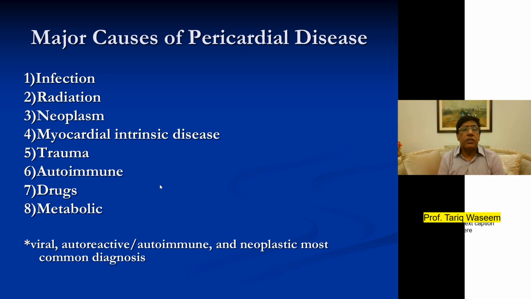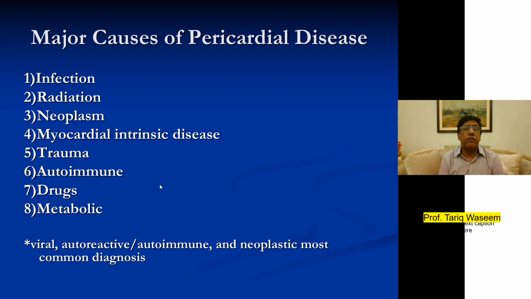Myocardial intrinsic diseases, like when someone has a myocardial infarction, and this infarction leads to death or necrosis of the myocardial tissue. But this tissue, being adjacent to the visceral pericardium, would also involve it, and it is not unusual to have a very localized or small pericarditis in each myocardial infarction.